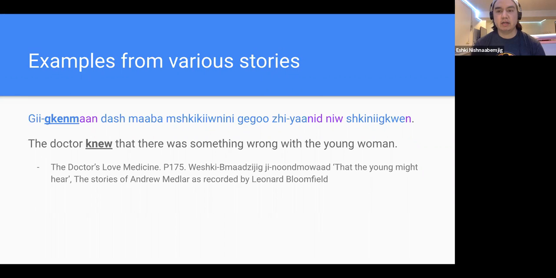So jianid, and then niu again, and then shkinikwen, so young woman. So in the translation, it's like he knew her, this doctor, something she felt, the young woman. So the action is him knowing her.